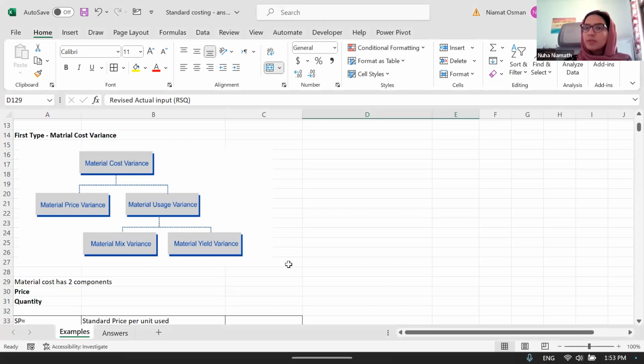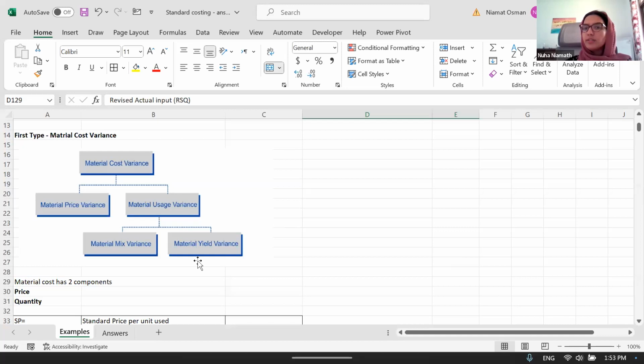Can somebody tell me what is material mix variance? RSQ minus EQ into SP. Perfect. Yes, perfect, Neetu. Perfect, Khatija. Perfect. So mix variance is between revised and actual.